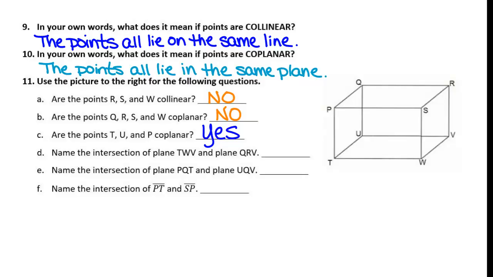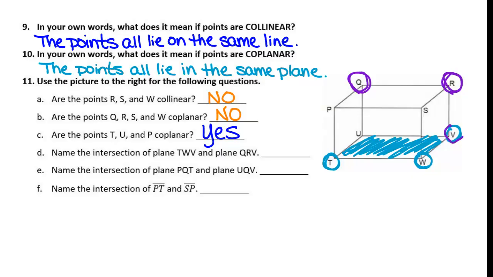Name the intersection of plane TWV. Here's T, here's W, here's V. So plane TWV is the bottom of the box. And plane QRV. Q is here, R is here, V is down here.